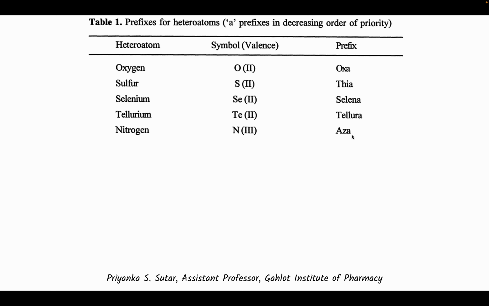As far as pharmaceutical organic chemistry 3 is concerned, we will only deal with 3 heteroatoms, that is oxygen, sulfur and nitrogen. So from table 1, for semester 4, I suggest you just refer to these 3 heteroatoms. The prefix for oxygen is oxa, for sulfur it is thia, and for nitrogen it is aza.